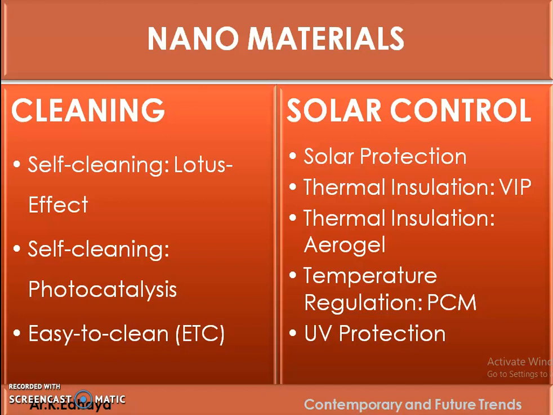It doesn't mean you need not clean the building at all, or that the building cleans itself all the time. The maintenance interval of a normal building can be prolonged a little, which will help reduce the maintenance cost. Here the lotus effect, photocatalyst and easy-to-clean are three different categories shown. And the next is the solar control.